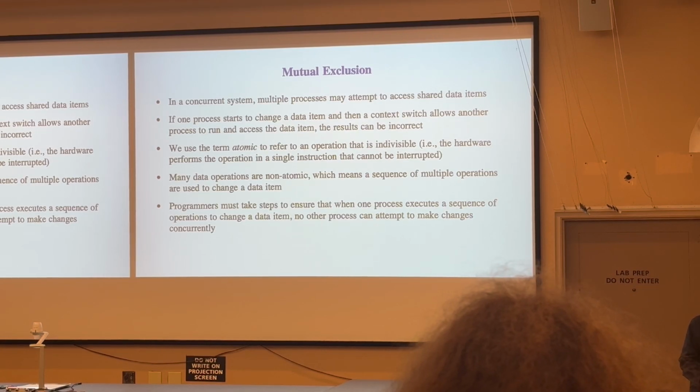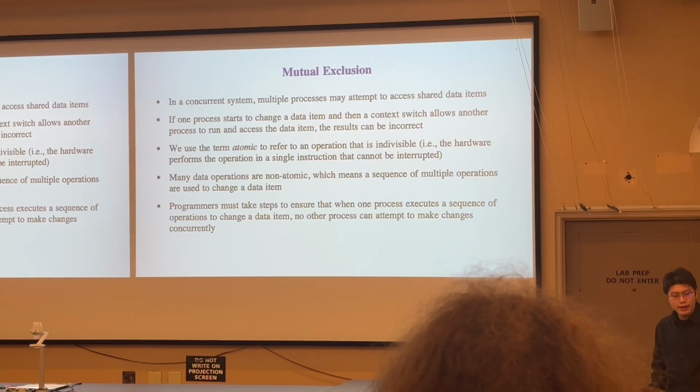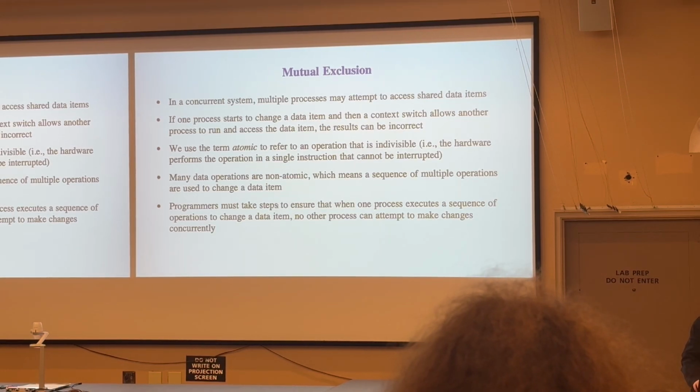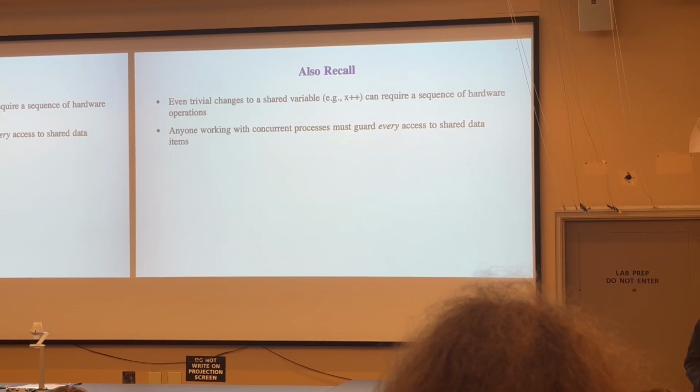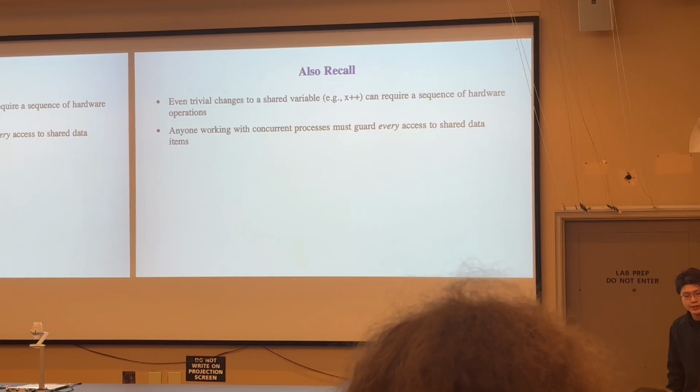Many data operations are not atomic, which means that a sequence of multiple operations is used to change a data item. The programmers must take steps to ensure that when one process executes a sequence of operations to change a data item, no other process can attempt to change it concurrently. One example is that some trivial change, like x++, incrementing x, can require a sequence of hardware operations.